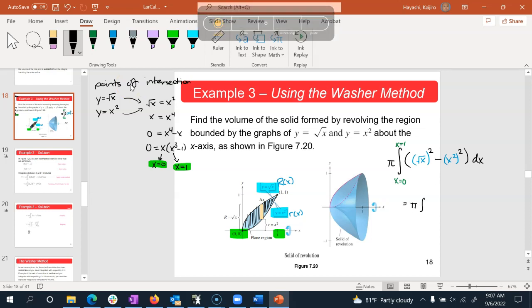So that's pi times the integral from 0 to 1. If you take the square root of x and you square it, that's x. If you take x squared and you square it, that's x to the 4th. So we've got x minus x to the 4th.